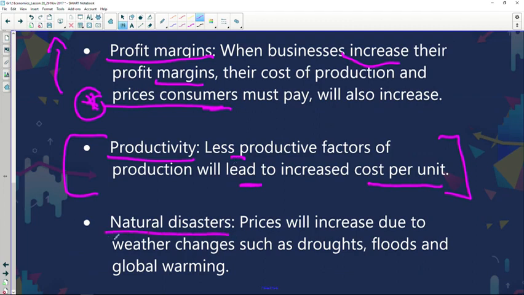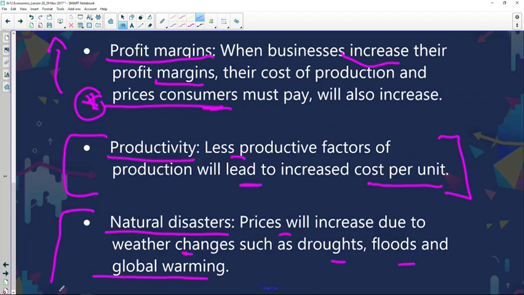Natural disasters, we don't have control over these, but they do have a huge impact when it comes to this type of inflation. Prices will increase due to weather changes such as droughts, floods, and also global warming.